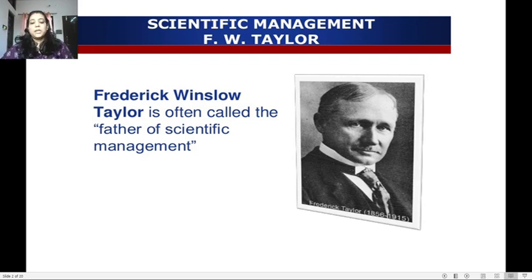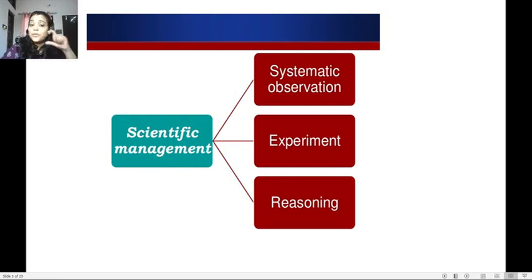F.W. Taylor said that scientific management is being done so that I can bring systematic observation. What is systematic observation? When he was working in the organization, he found that the managers were not looking into their respective areas or at their employees, right?